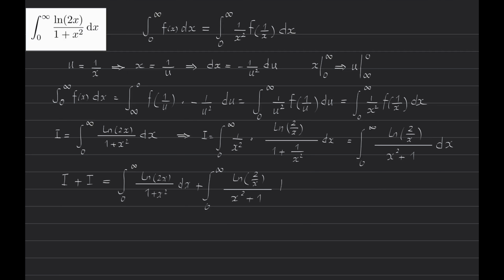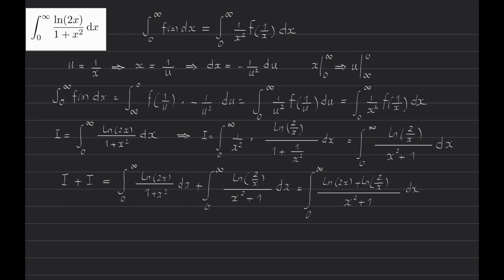Because these integrals are assumed to converge, I can combine them into one integral by adding the integrands. The good news is that the denominators are exactly the same, so I write x squared plus 1 as the common denominator, and then I start adding the numerators. So ln of 2x plus ln of 2 over x dx.